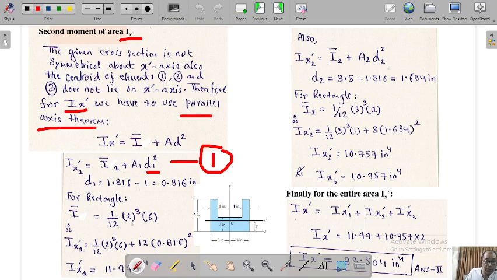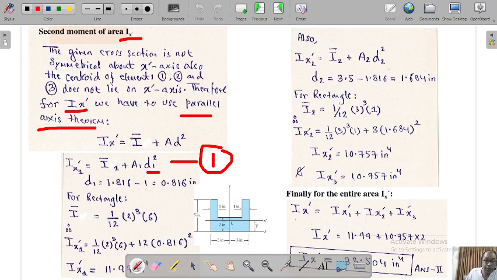So 1 by 12, 2 cubed multiplied by 6. This is your I dash about the centroid of the rectangle, about this horizontal axis just below the centroid of the whole system.